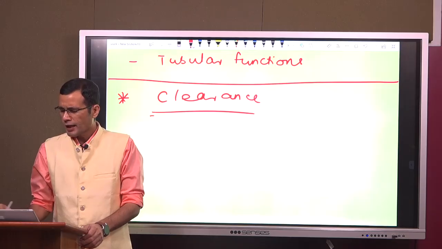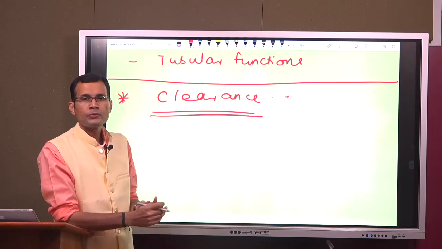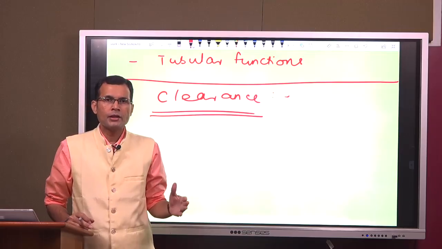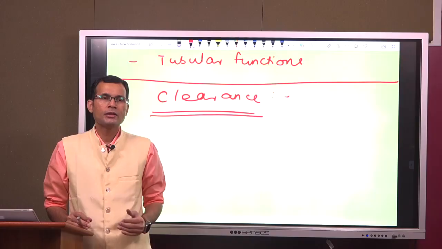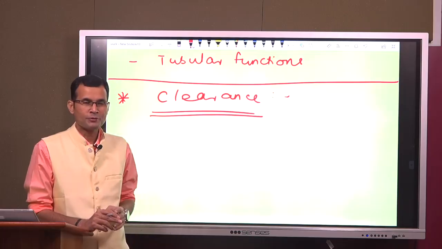The questions that have come from this small section, the clearance. For example, in the clearance equation UV upon P, what is U? That's a question.